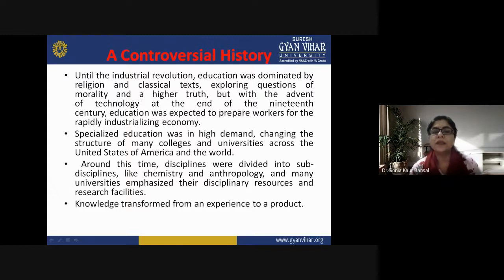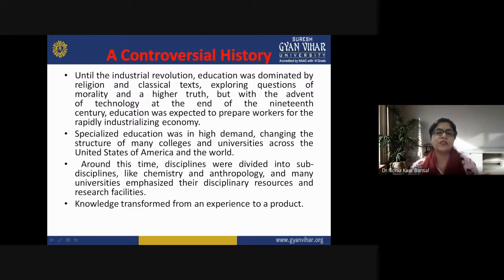Until the Industrial Revolution, education was dominated by religion and classical texts. We all know that earlier, education was given to the higher caste only. There were four sections of society: Brahman, Kshatriya, Vaishya, Shudra. The higher caste was given the task of education only.